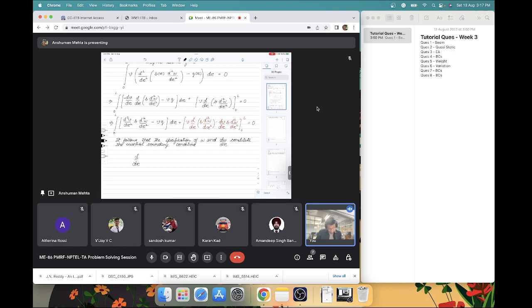If we take d by dx, only this term, so it is kind of third order. So this is generally the shear force in bending problem.